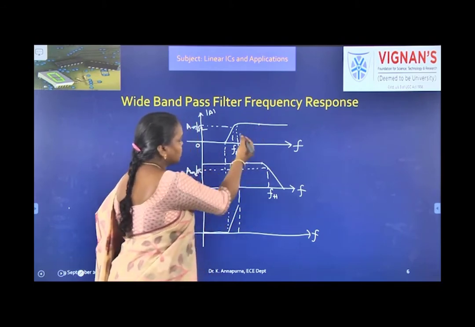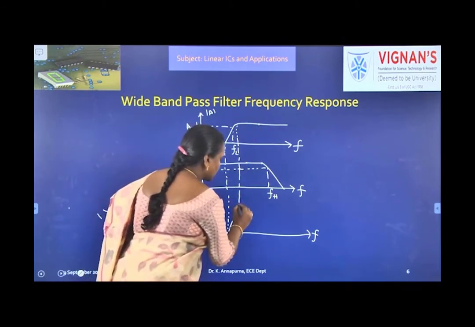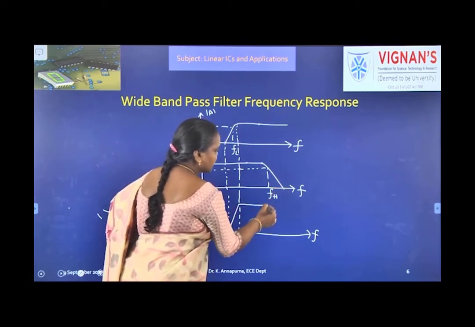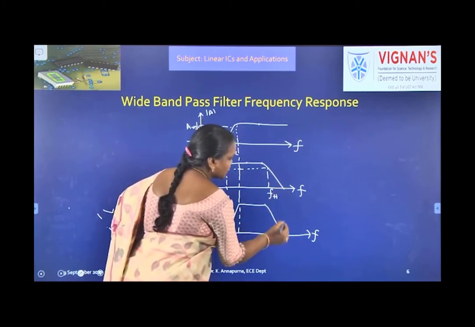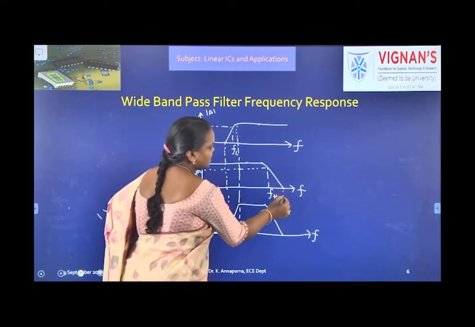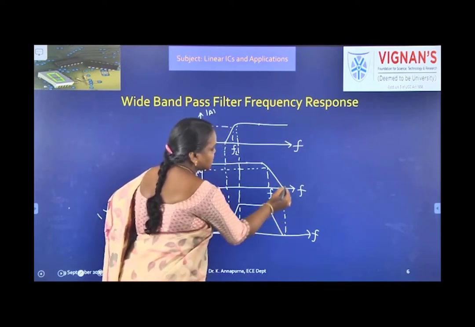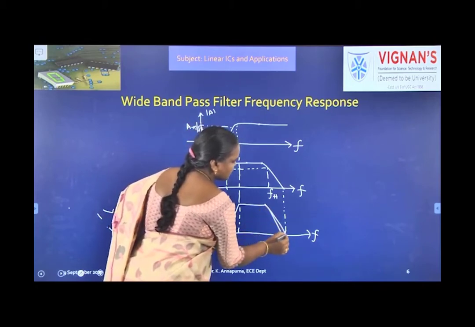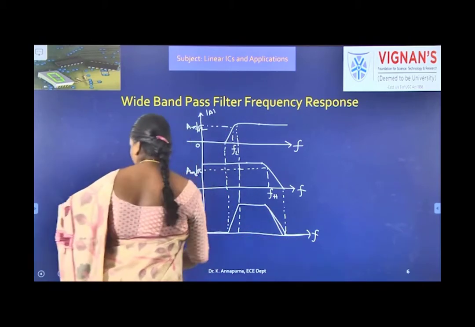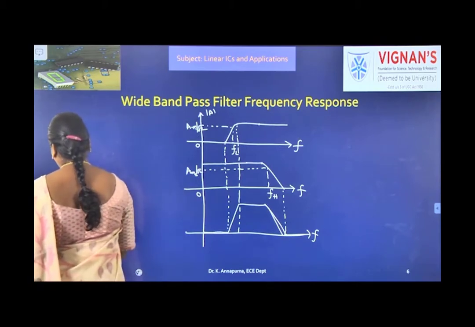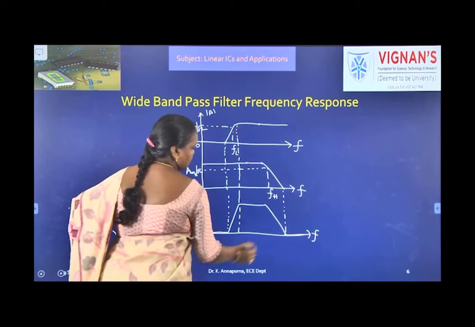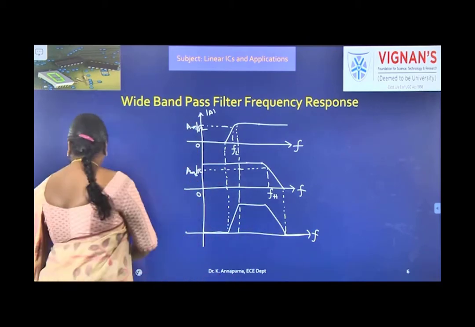So some constant into constant means it will be constant. And next from this frequency to this frequency it is decreasing. And after this frequency its gain is 0 means automatically it will be 0. Okay, this is the resultant.